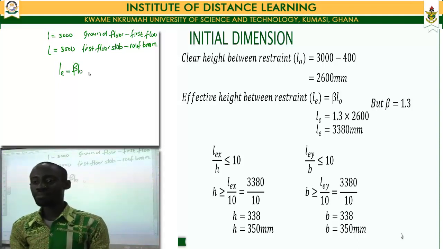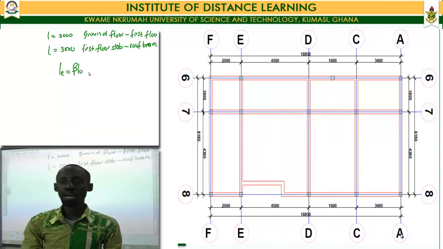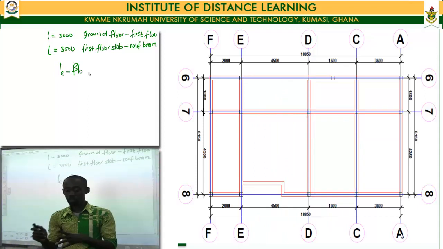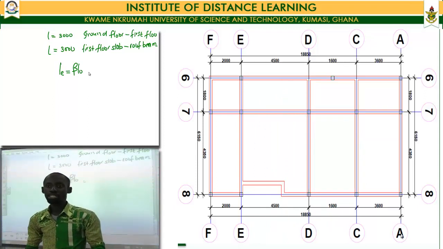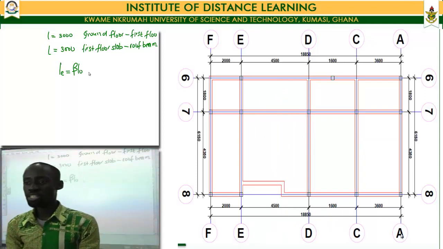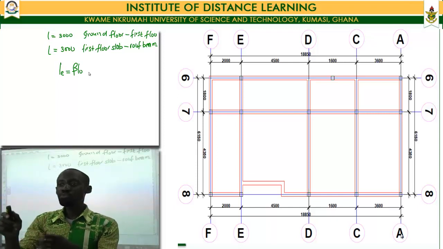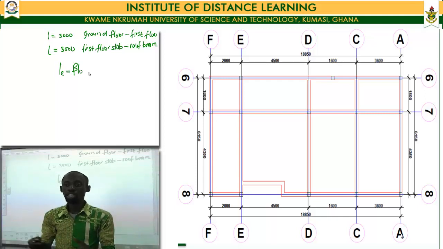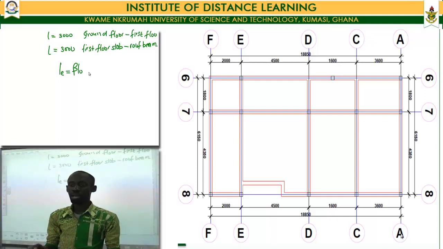Now, having identified the dimensions of our column, we now move ahead to do our load estimation. In doing our load estimation, we realize that there is a series of columns within our structure. These columns are supposed to help carry all the loads that the structure would have to carry.